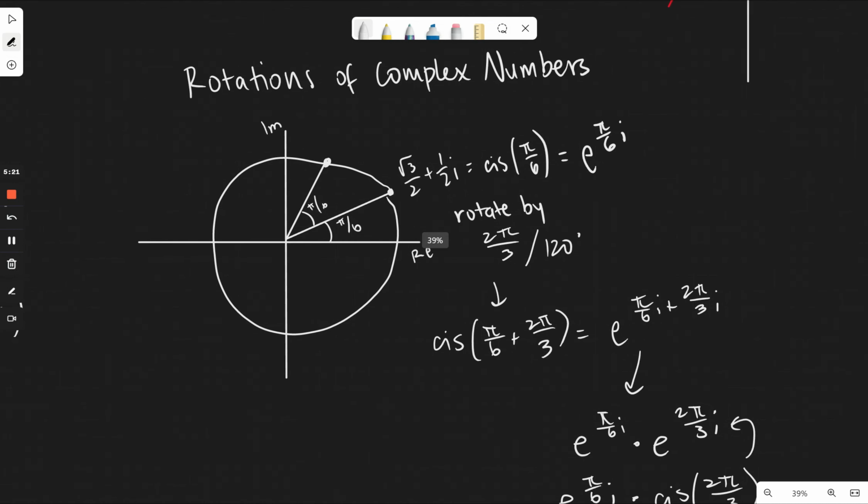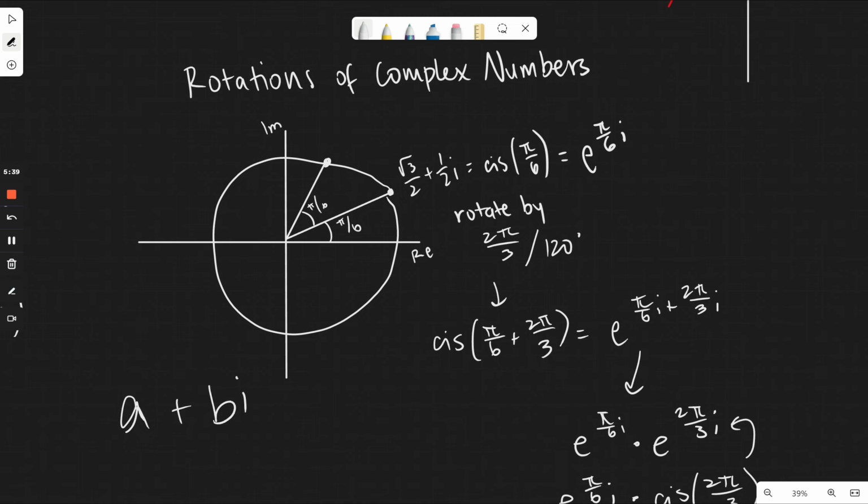But don't for a second think that this has to be limited to just complex numbers, because I know the rules say cis pi over 6 is equal to cosine pi over 6 plus i sine pi over 6, so it has to be a number in the form a plus bi.